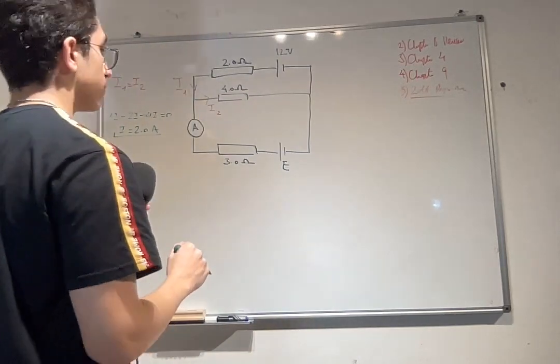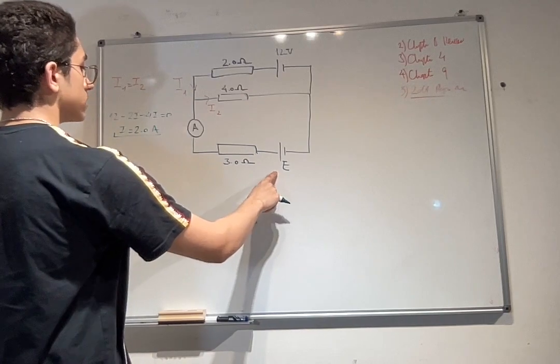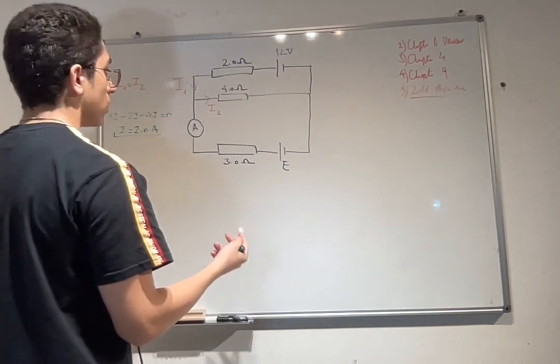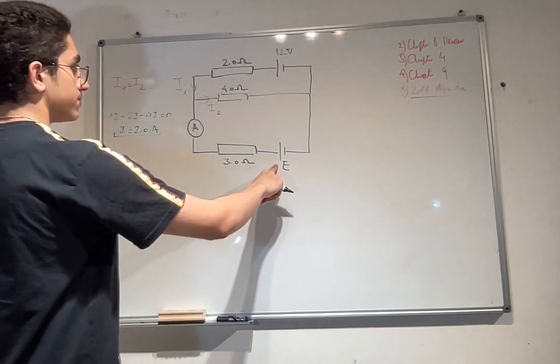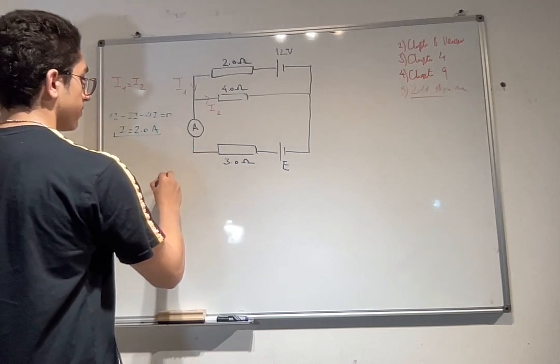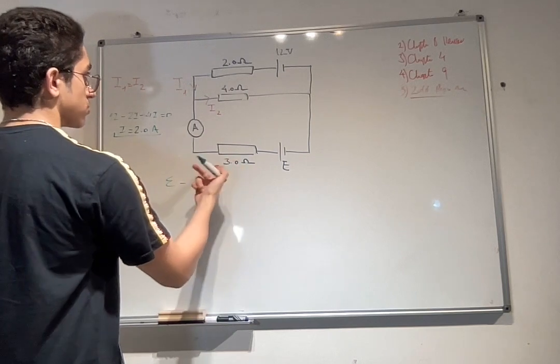We are asked to find the emf of E. So you can use Kirchhoff's laws again. If I move from here, I consider the emf minus 0, since there's no current moving.